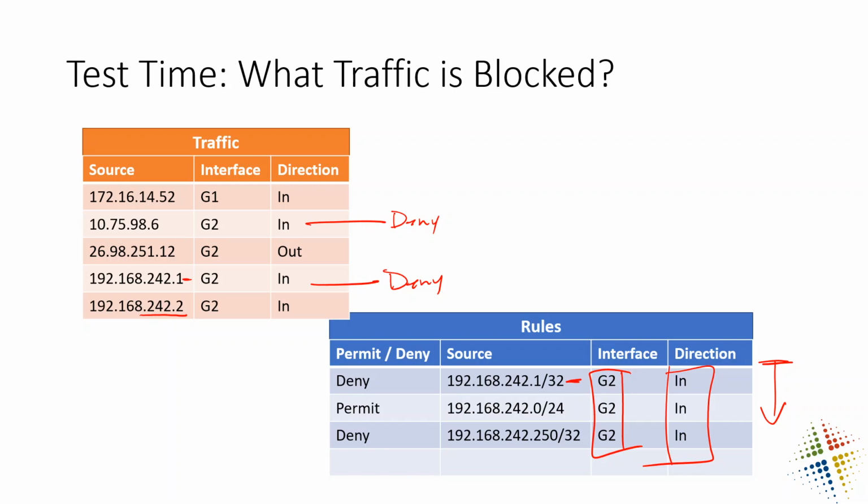So that rule is skipped. We then go down to the second rule, 242.0/24. That fits in the /24 network. Therefore, this traffic is permitted. So out of the 5 traffic sources there, we actually denied 2 of them.